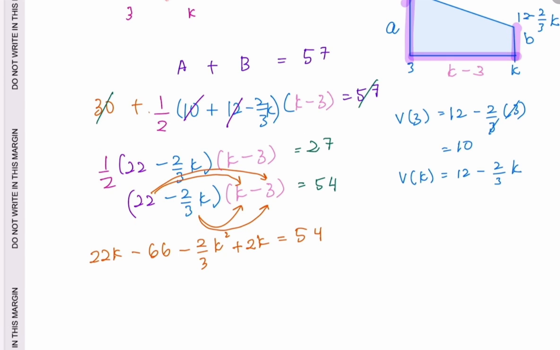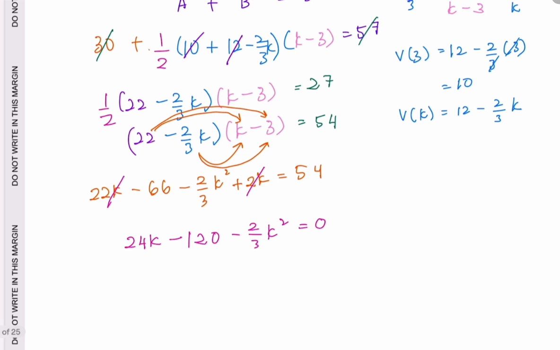Let's combine the same terms. Negative 66 and 54. If we bring 54 to this side, it's going to be negative 66 minus 54. The k squared term doesn't have a pair, so we're going to keep it like that, equal to 0. Since this is a non-calculator paper, let's try and make this 1.